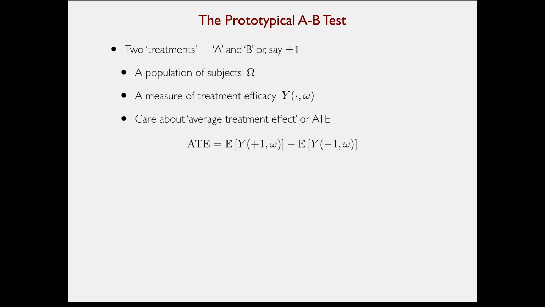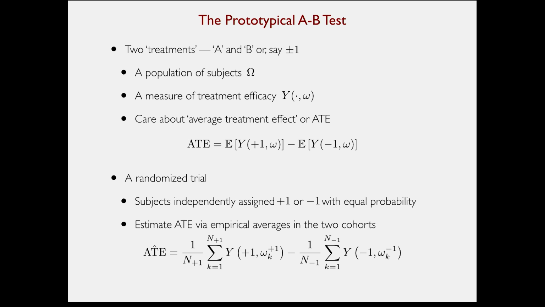Now, this is not something we can necessarily compute. So what's the simplest thing we could do? The simplest thing we can do is something that we've been doing for probably 50 or 60 or maybe 100 years, which is a randomized trial. So what's a randomized trial in this setting? The simplest randomized trial is you just do the following.